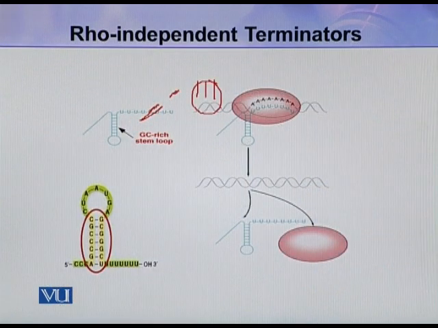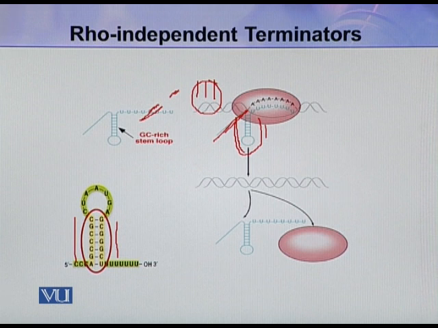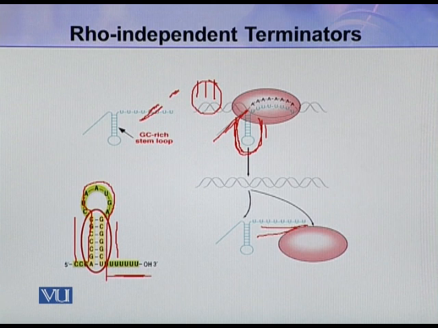So here you can see this is the RNA transcript, and this one is that loop, and this is the sequence. It is rich in GC content, and this is a stem loop, and this is followed by UUU. So when this loop is formed, followed by a small stretch of U, it causes the polymerase to dissociate from the complex.